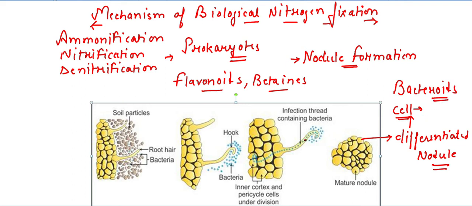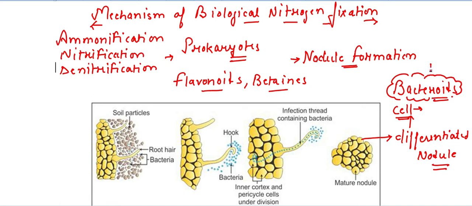First the infection thread is formed, then the cortical cells are infected, and the nodule formation takes place by division of the cortical cells. After nodule formation the infected cells become enlarged, and the bacteria stop dividing and form irregular polyhedral structures called bacteroids, present in the cells.